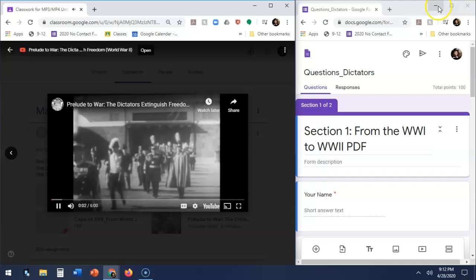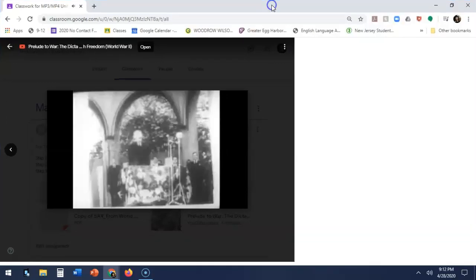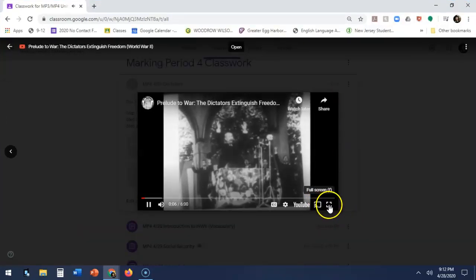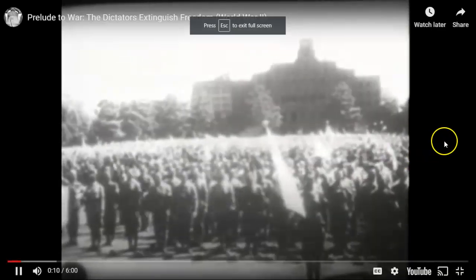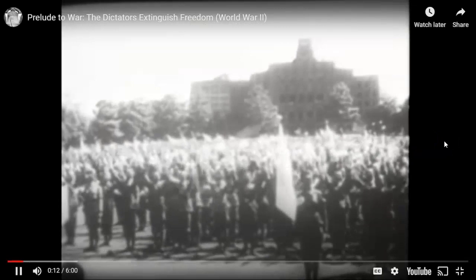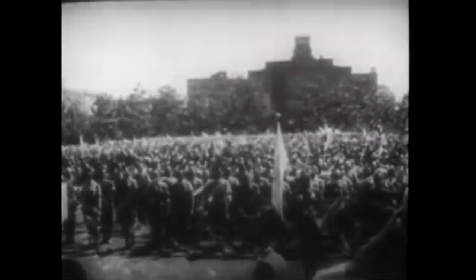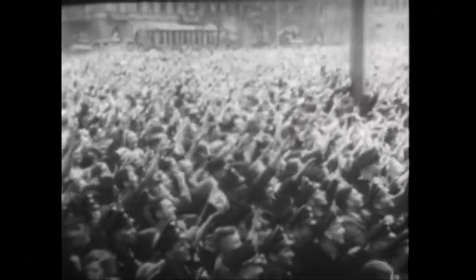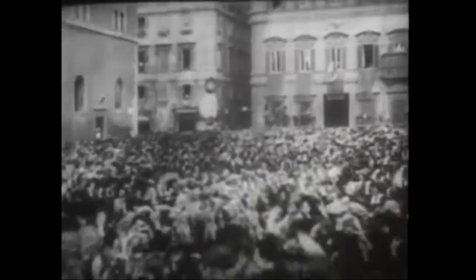Yes, in these lands, the people surrendered their liberties and threw away their human dignity. They gave up their rights as individual human beings. They became a part of a mass, a human herd.